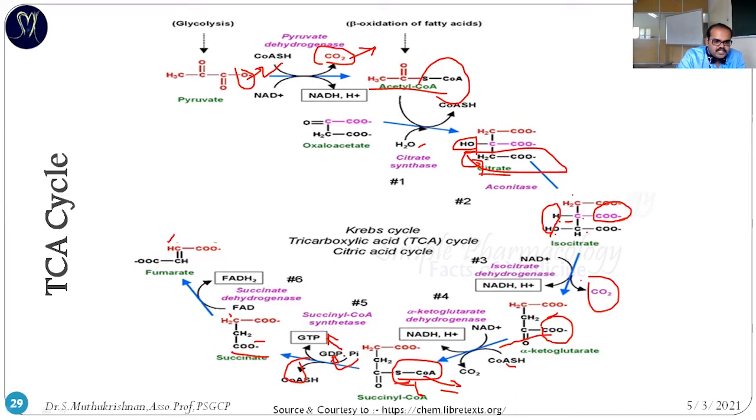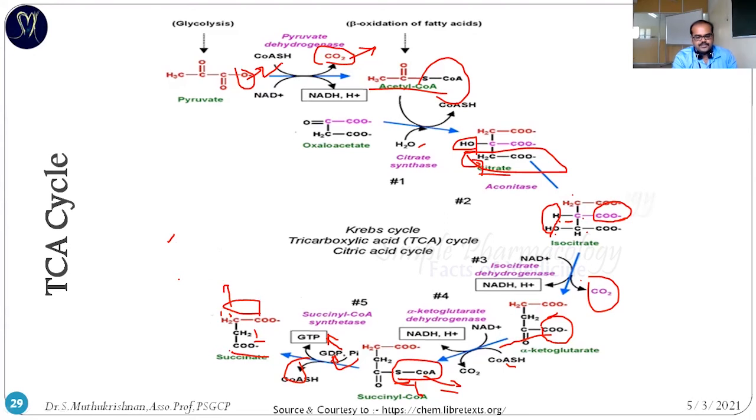So two hydrogen atoms are released. FAD takes up the two hydrogen atoms and is converted into FADH2. So the two hydrogen atoms have been removed from succinate, and it's converted into fumarate.